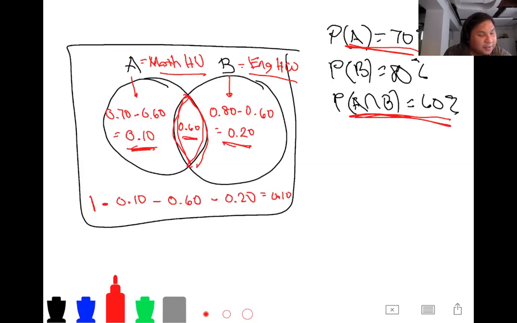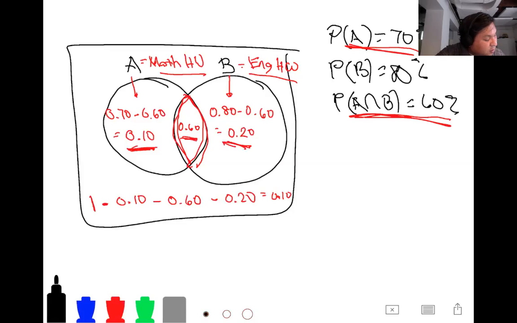So in this particular case, him doing math only is 10%, both is 60%, English only is 20%, and not doing anything is 10%. Let us now try to answer the questions.